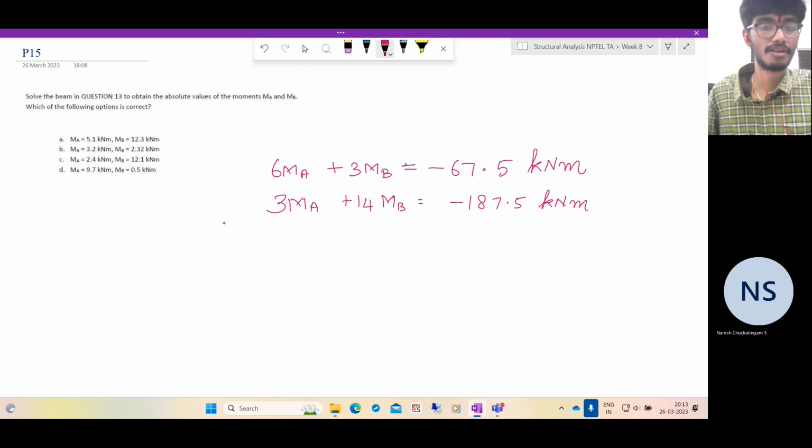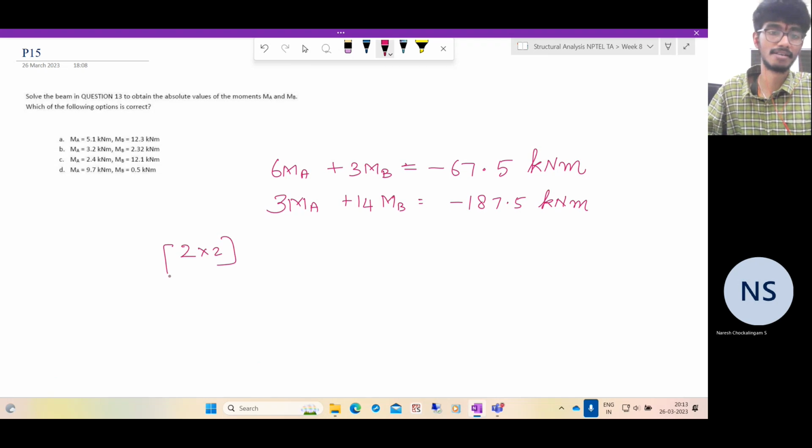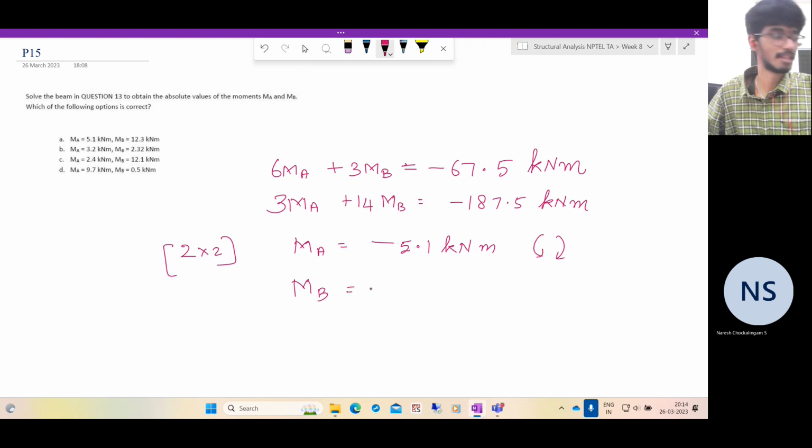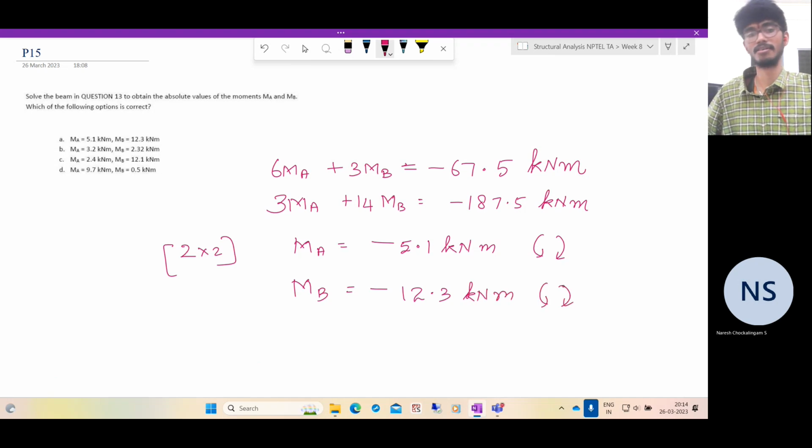If you solve the system of 2 by 2 equations, you get MA is equal to minus 5.1 kilonewton meter. Since you have a minus sign, it is hogging, and MB is minus 12.3 kilonewton meter. Again, it is hogging. So the correct answer is option A.